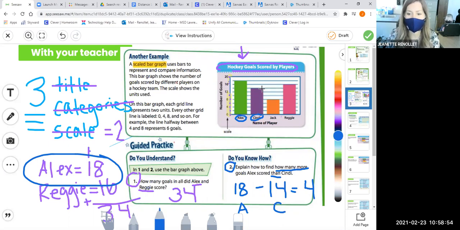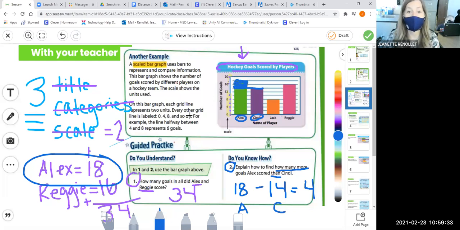Look at the graph where Cindy stops, but Alex continues. Look at Cindy's purple bar. She stops at 14 goals, but Alex keeps going because he scored more hockey goals. You could count on and see how many more goals he scored. Starting at 14, you could skip count to 16, 18. Alex scored 4 more goals. He scored this many more goals than Cindy.